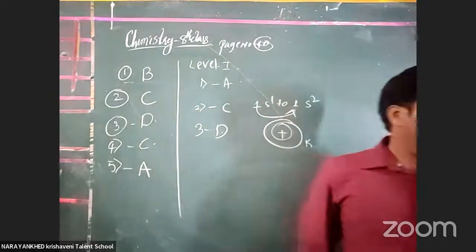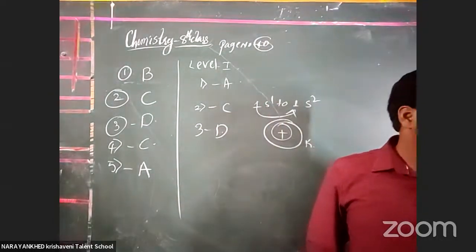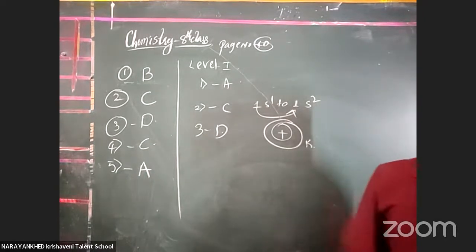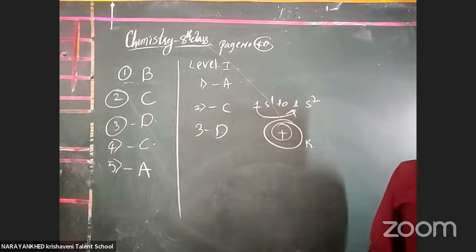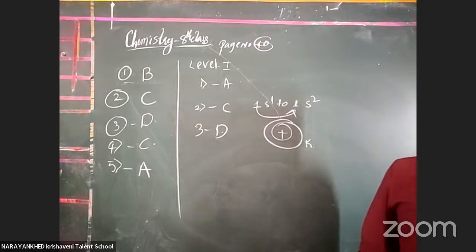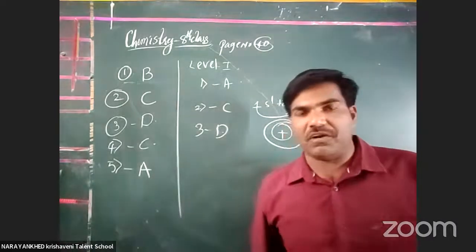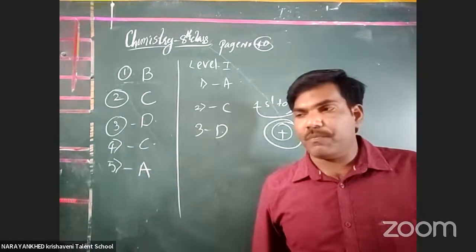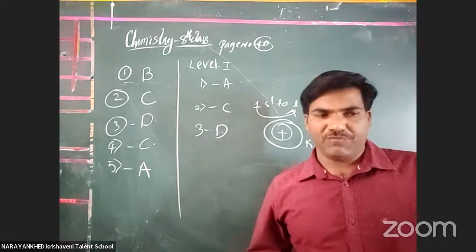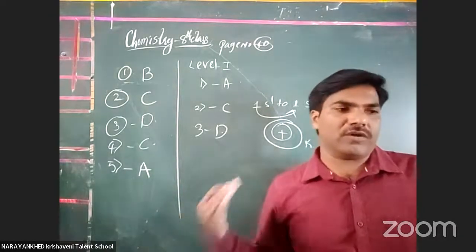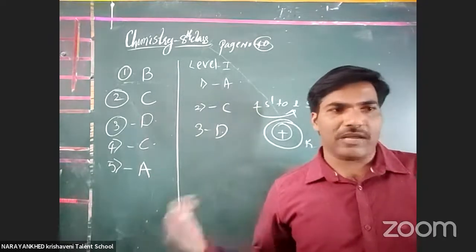Next, the fourth question. The first three periods are short periods. Compare with the fourth, fifth, sixth and seventh periods, more elements are present there.